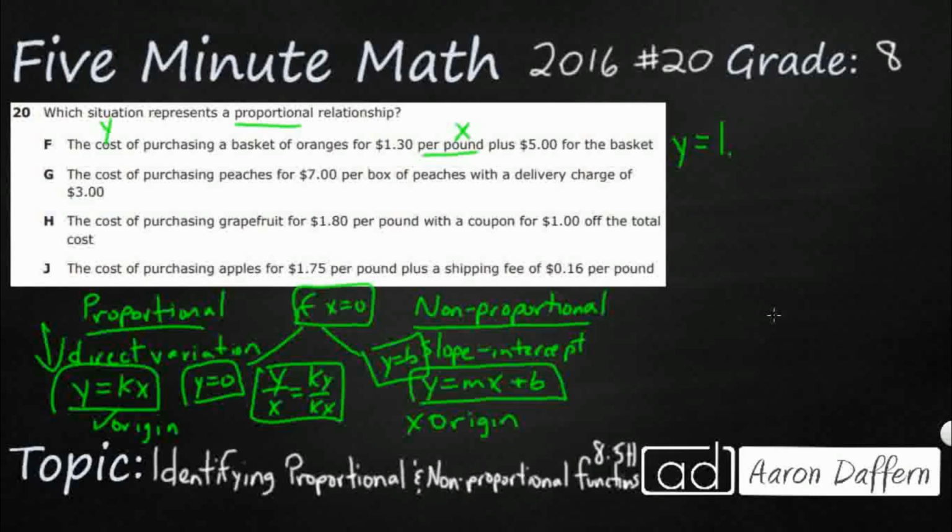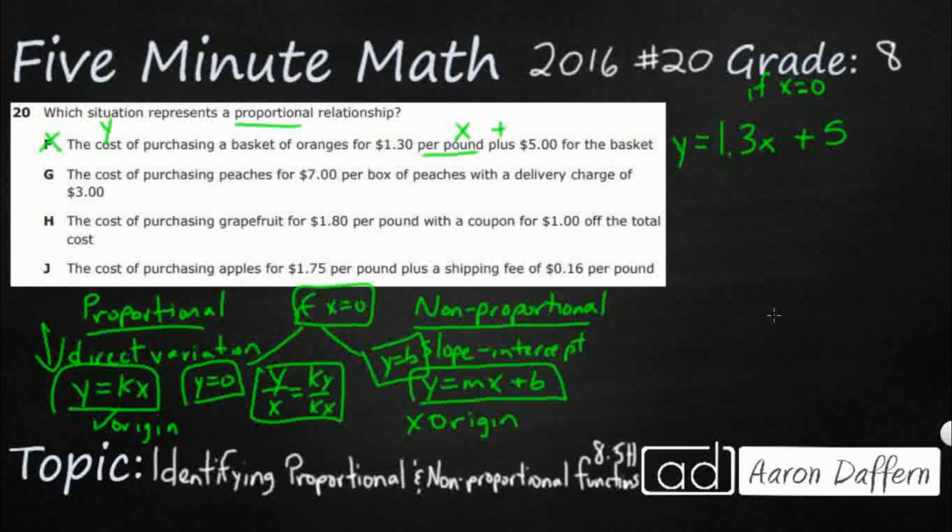I'll just put that decimal, 1.3x plus, look at that, they give that to you right there, plus 5. And that is your slope-intercept form. That is non-proportional because if x equals 0, then y would equal that 5. That's that slope-intercept. All right, so we're not going to do F.